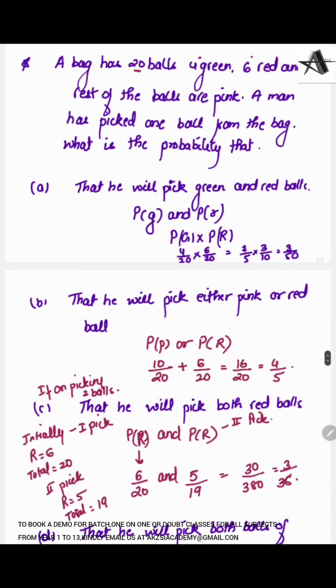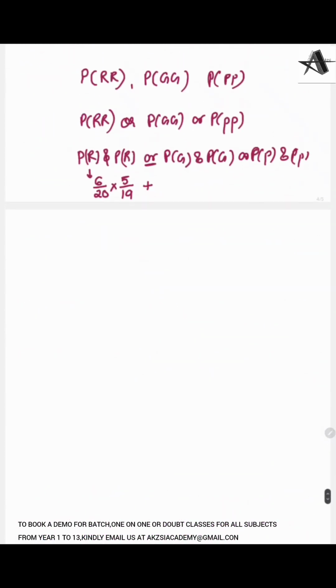There are 4 green balls out of 20, and in the second pick, 3 out of 19. Plus, how many pink balls were there? There were 10 pink balls out of 20, and in the second pick, definitely the remaining would be 9 over 19.